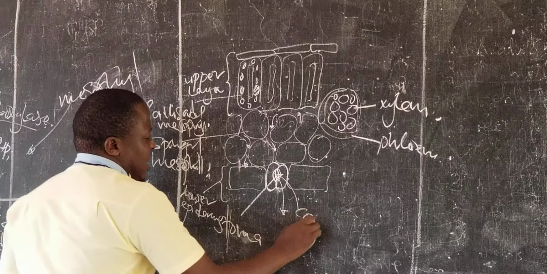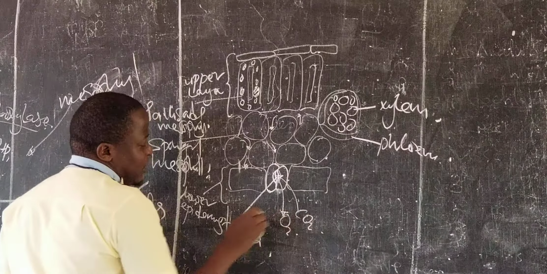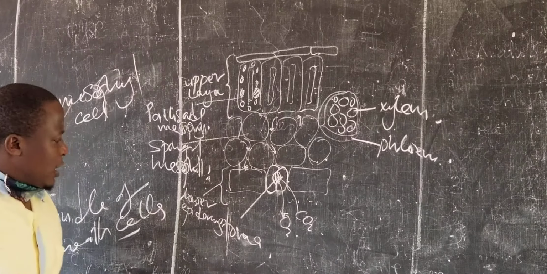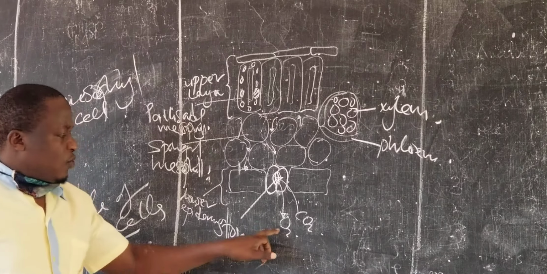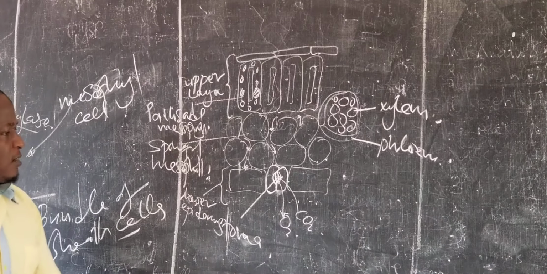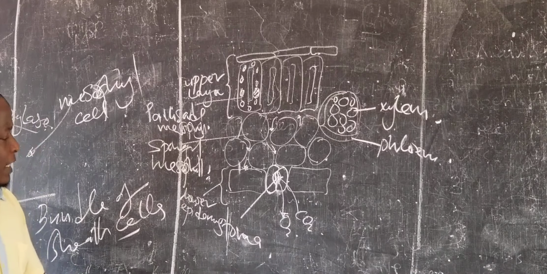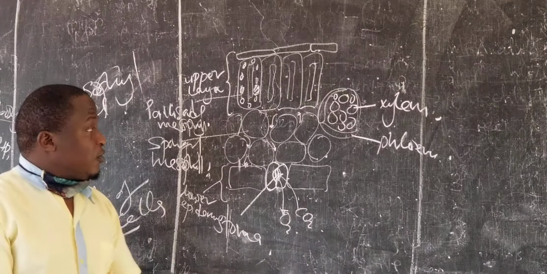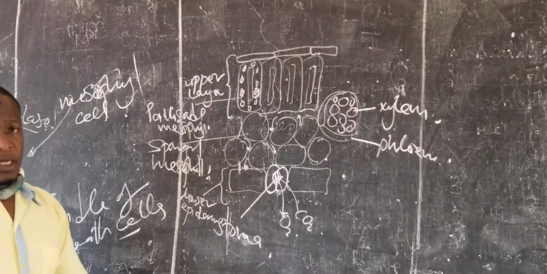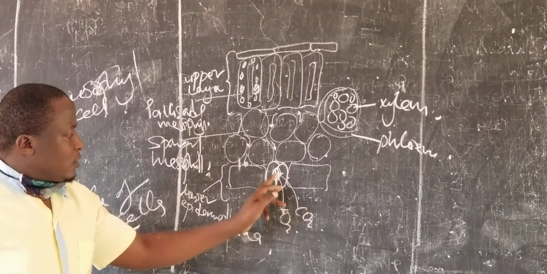Carbon dioxide can enter, and then carbon dioxide and oxygen can be discharged out. We mentioned that oxygen is produced during the light stage, you remember. And carbon dioxide is utilized during the dark stage, you are aware. So we need to appreciate how these gases enter.